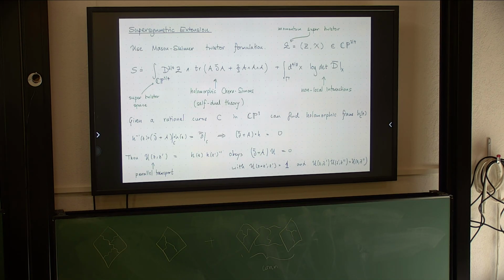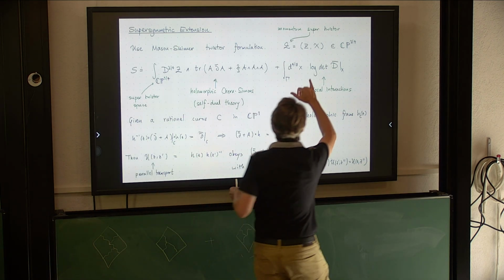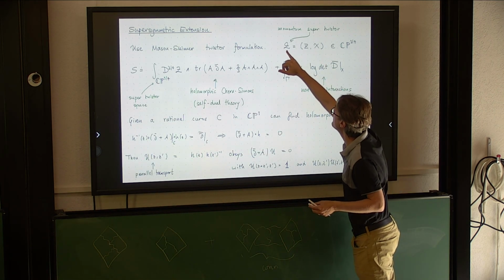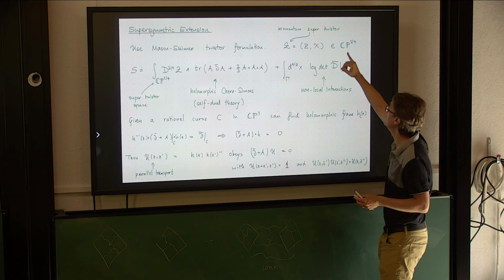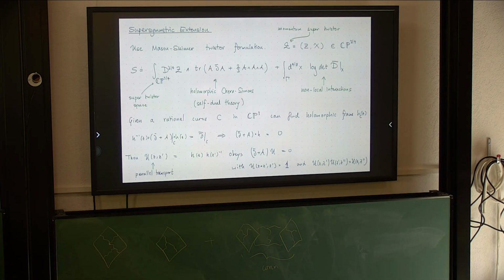Actually, in order to have the supersymmetry, they extend the momentum twistor by 4 extra fermionic or Grassmann degrees of freedom, chi, and then we have a momentum supertwistor, which is the pair Z, chi. It lives in this projective superspace, CP^{3|4}. Right, and then, perhaps somewhat surprisingly, although it's also related to things like the MHV expansion for scattering amplitudes, you can rewrite the N=4 super Yang-Mills action defined in space-time as an action defined on this momentum twistor space.